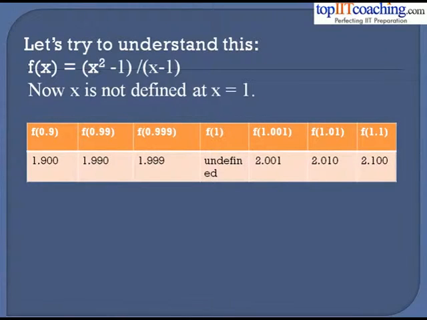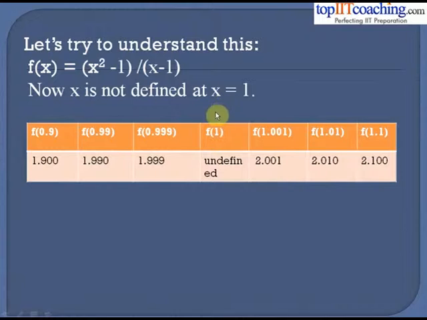Similarly, if I take values of x which are just greater than 1, that is x equal to 1.001, then f of 1.001 is equal to 2.001. Now this is very much close to 2. f of 1.01 is equal to 2.010 and f of 1.1 is equal to 2.100.